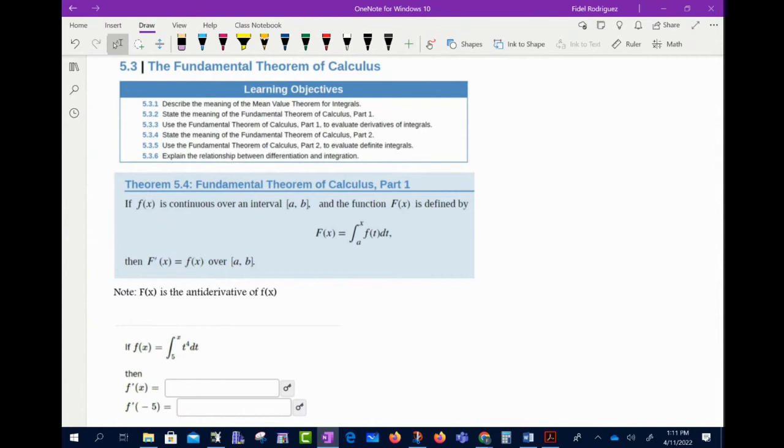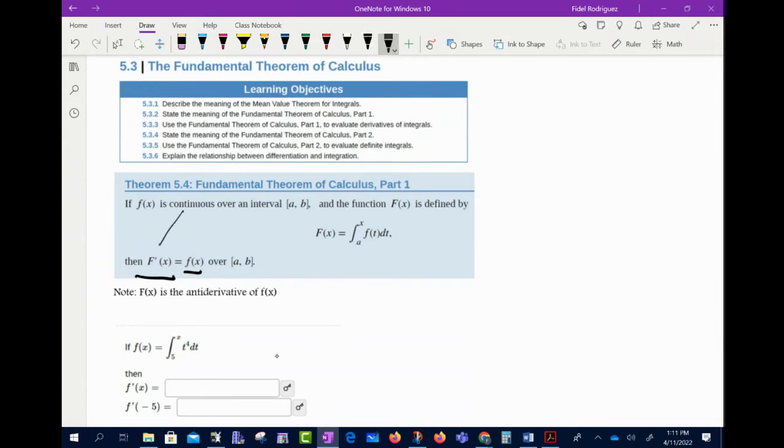But look what it says. It says if f of x is continuous over the interval from a to b, then the function capital F of x is defined by F of x equal to the integral from a to x of f of t dt, where capital F prime of x is equal to f of x.